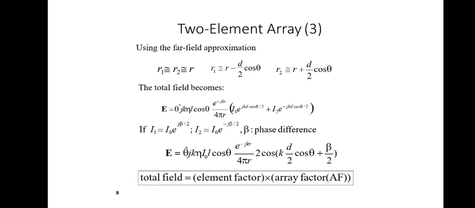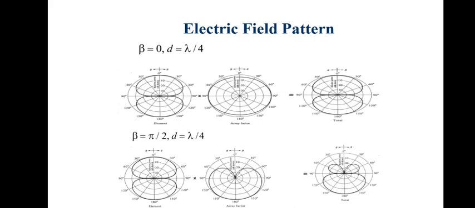Then applying these, you get the final result like this. This is the element pattern, and this is the broadside array structure's radiation pattern, called the array factor, which is like this. Both will be multiplied to get the result like this.